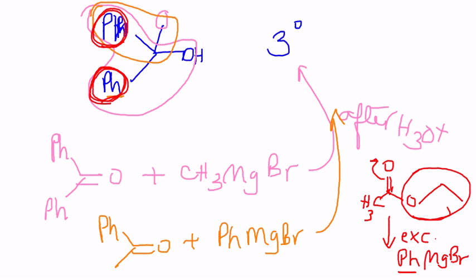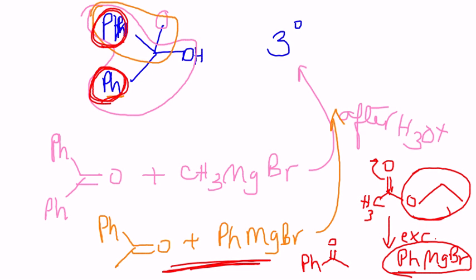So your first product is going to look like Ph C double bond O CH3, and then another molecule of PhMgBr is going to come in, and pretty much the same reaction as you see in orange is going to take place, and you would get your tertiary alcohol. So you can carry out the reaction with benzophenone, acetophenone, as well as an ester.